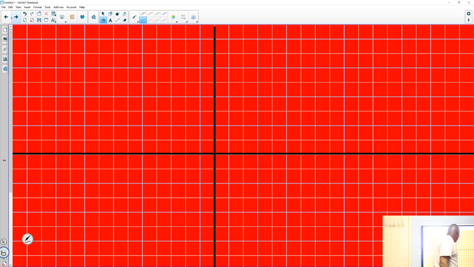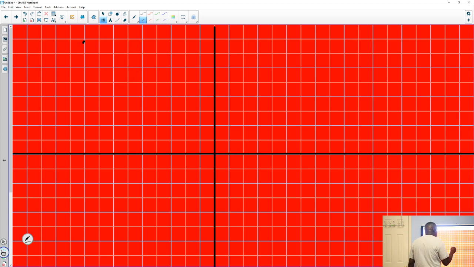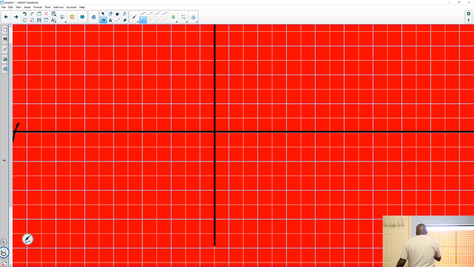Let's say if you had, okay, let's go with it. Of course, this is your y and this is your x-axis right here. And all you have to do, let's start. This is going to be CW. And somebody's like, what does CW mean?